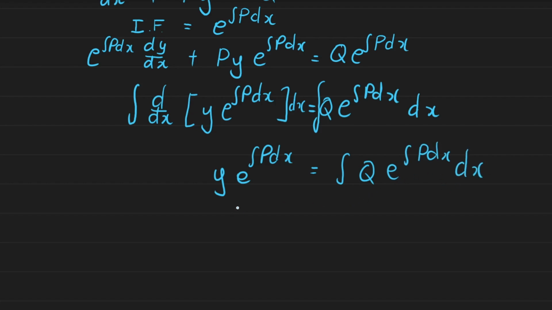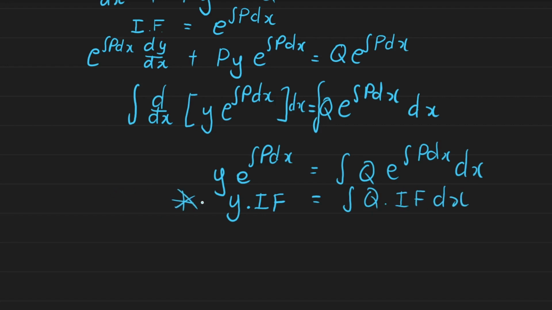Another way of writing this is y times this integrating factor. You can see that we had written the integrating factor as being equal to e to the power integral p dx. So we have y times the integrating factor is equal to the integral of q times this integrating factor dx. So this is our result.